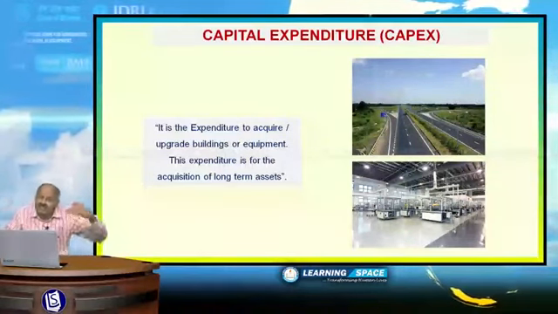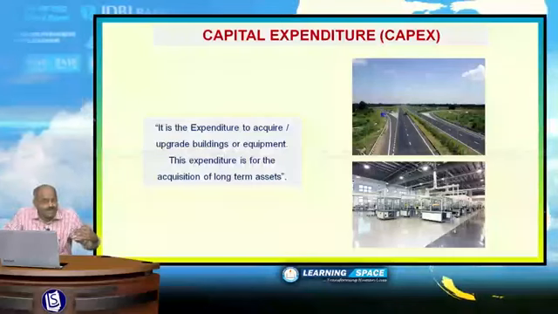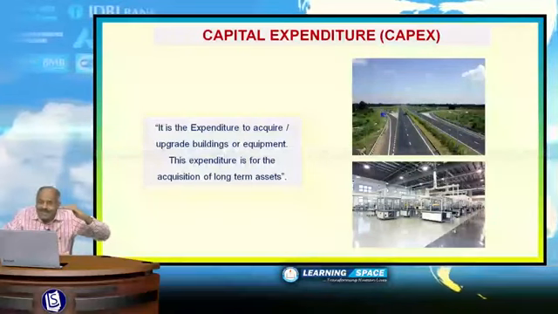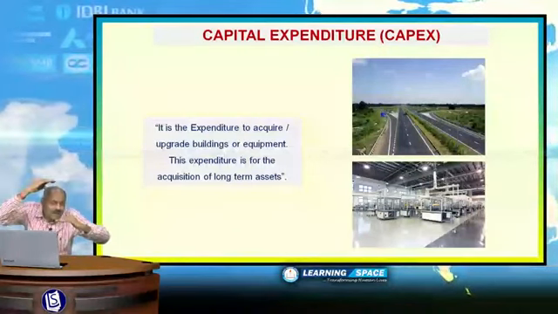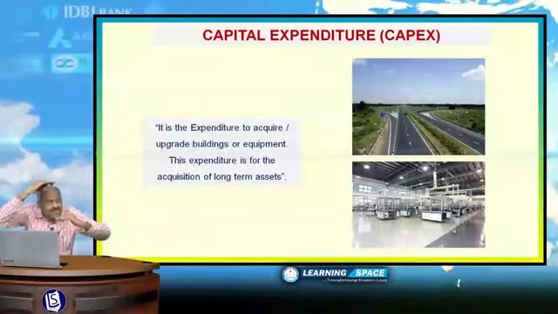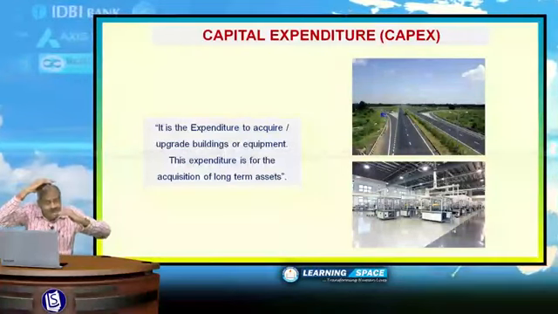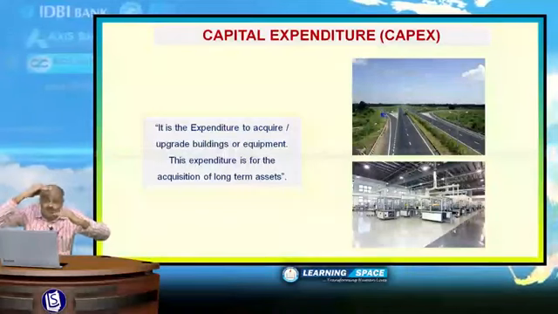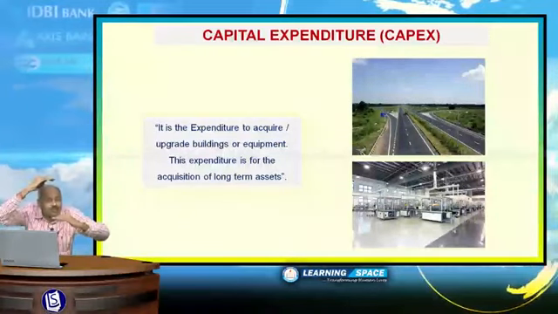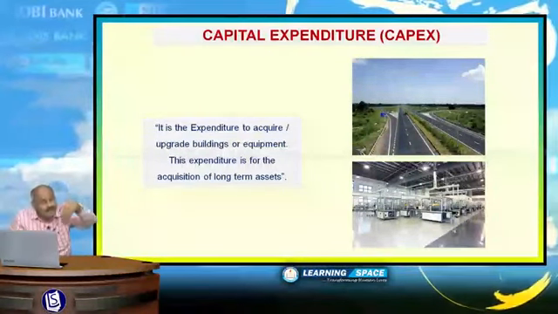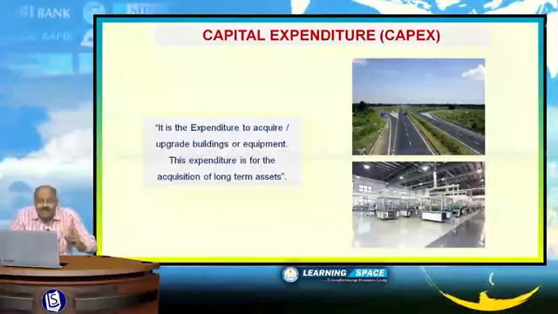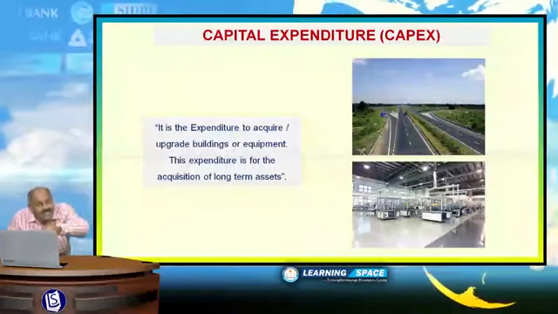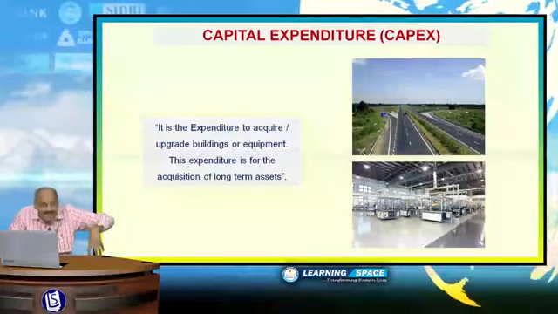If the capacity of Rourkela steel plant is expanded from 3 million tons per annum to 10 million tons per annum, that is also categorized as capital expenditure. If the capacity of any steel plant is expanded from a certain level to a certain level, that is also capital expenditure. So capital expenditure is for acquisition of new assets and upgrading the existing assets.